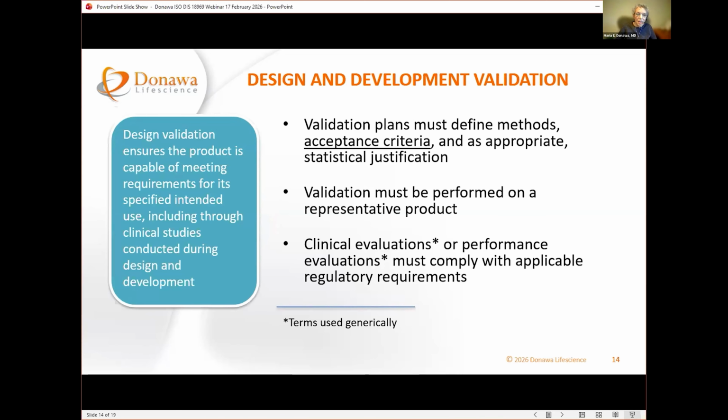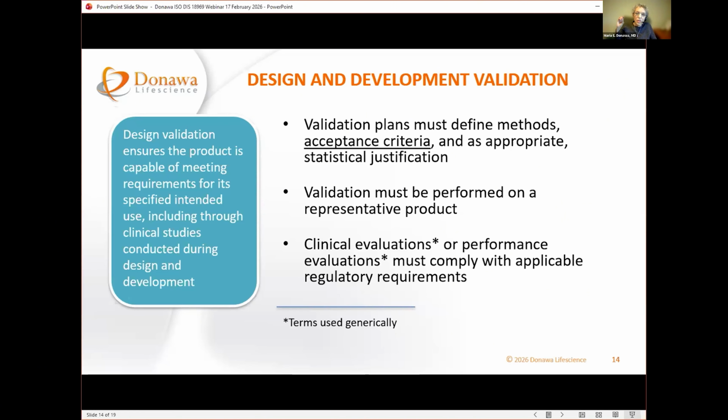Design validation can include a number of activities to show that the device is meeting its requirements. And it's tempting to get into a discussion of design verification, but what we're talking about here is the validation, clinical studies. If you are going to need to conduct clinical studies, it's a part of design validation. It's done when you've done all of the other work that's been necessary to do beforehand.